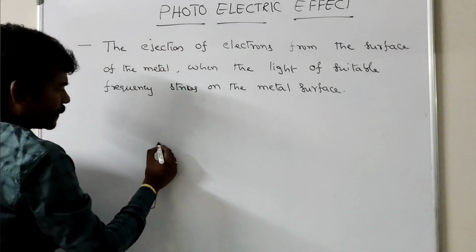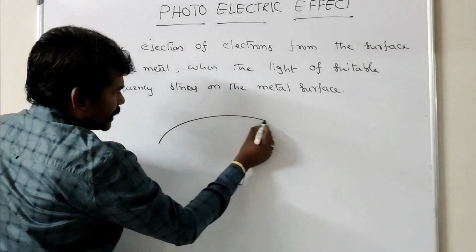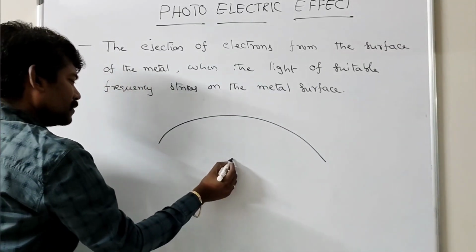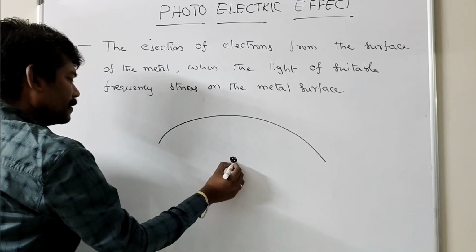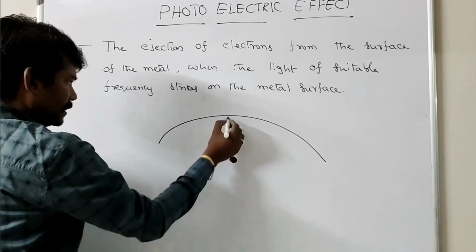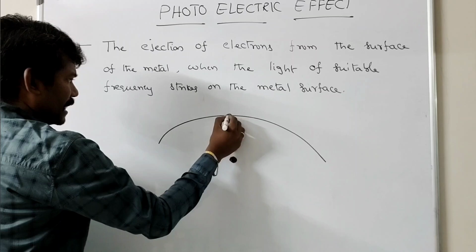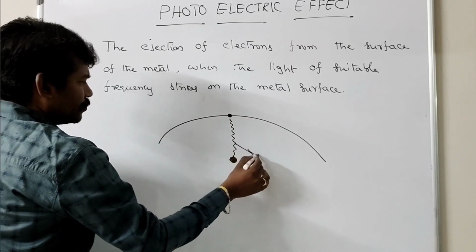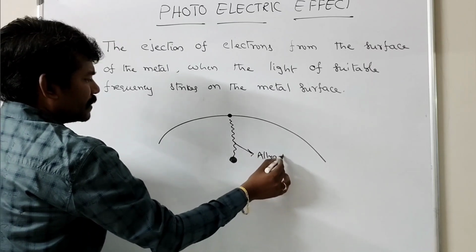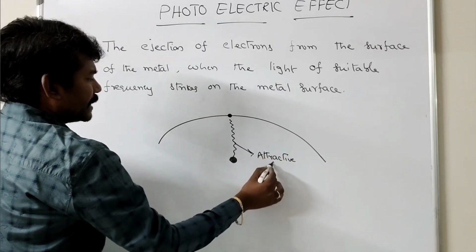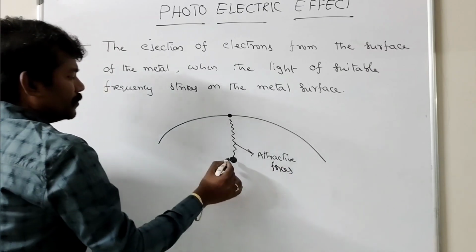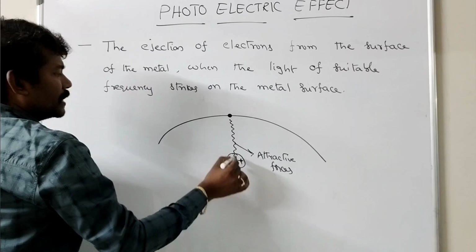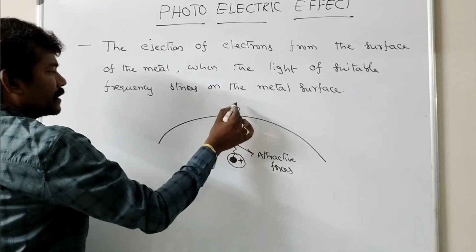Let us see. Let us consider this is the surface of the metal, and this is the nucleus, and this is an electron. The attractive forces between nucleus and electron.